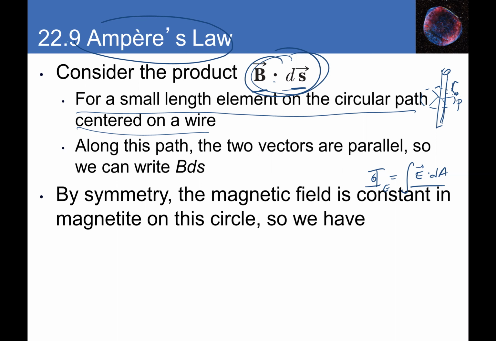So for example, here's my wire, and I'm considering this point P, so I will draw my loop. Just like before with Gauss's law, you would draw some kind of spherical or cylindrical shape and find the electric field for that shape, which is then used to find the electric field for the source itself, because they're related through the concept of flux.